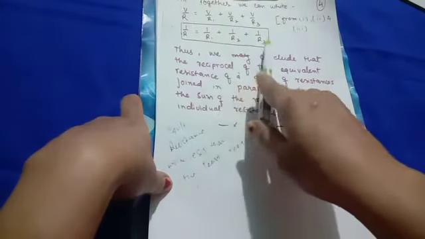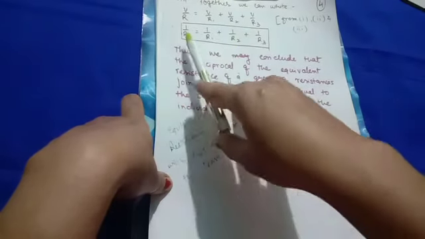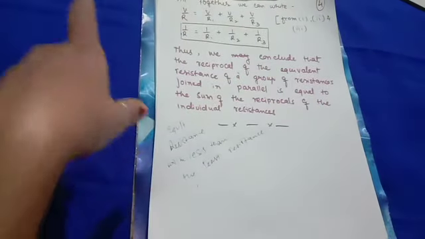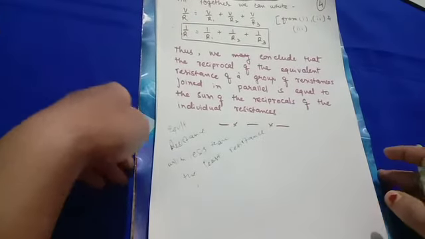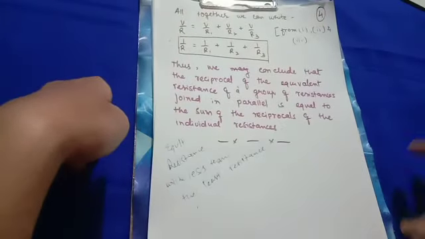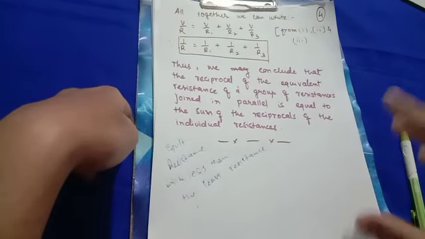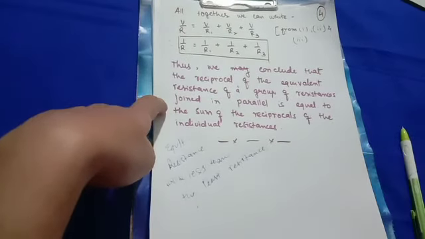If it is 1, 2 and 3, then if I solve it with the LCM and all, I will be getting the value of this R as less than 1. अब जितना कम resistance उतना good current flows through the circuit. Okay, so this was series and parallel connection, and in your textbook all explanations are given, so you can have a look, but writing you can write from this paper. Okay.